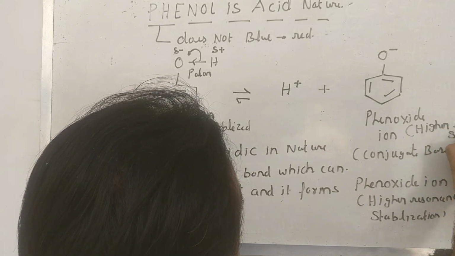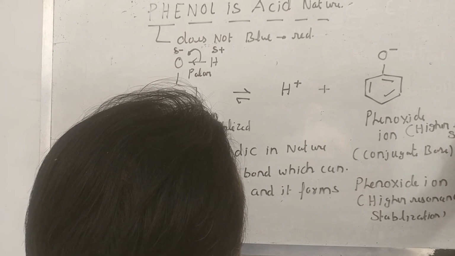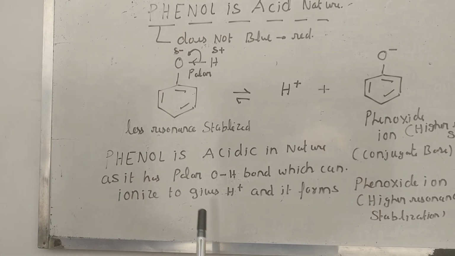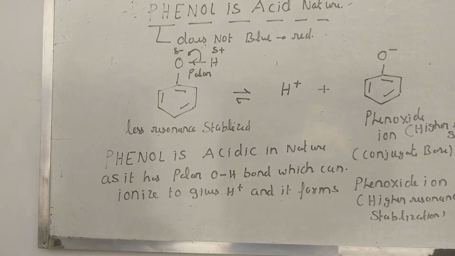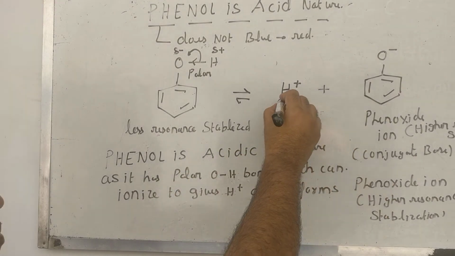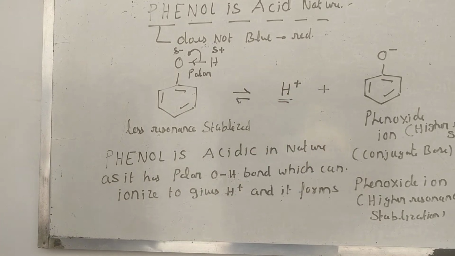So phenol, which is less stable, converts into something which is more stable, and in the process it gives out H plus ions. The one which gives out H plus ions is supposed to have an acidic nature.